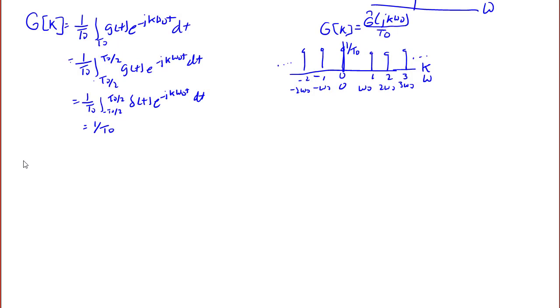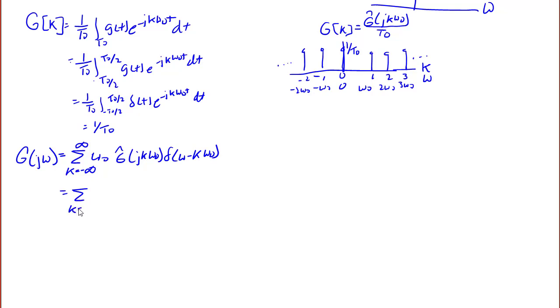So now let's find the Fourier transform of the periodic signal, the impulse train. So g of j omega is equal to the summation from k is equal to negative infinity to infinity of omega naught, g hat, jk omega naught, delta of omega minus k omega naught, which equals the summation from k is equal to negative infinity to infinity, omega naught, t naught, g of k, delta of omega minus k omega naught, which equals the summation from k is equal to negative infinity to infinity, omega naught times t naught is 2 pi.